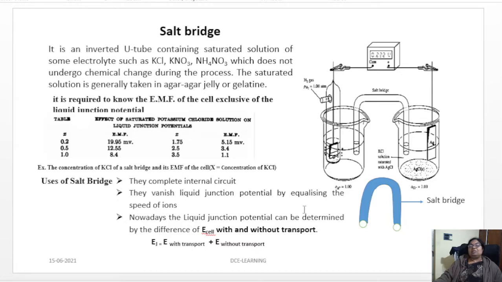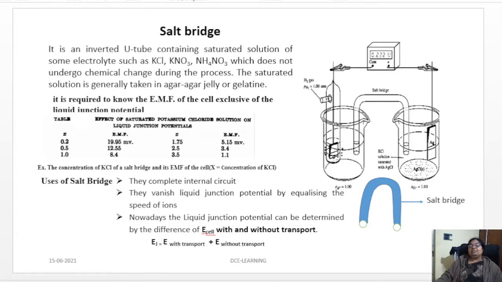This salt bridge completes the internal circuit. It eliminates the liquid junction potential by equalizing the speed of the ions. Nowadays, the liquid junction potential can be determined from the difference between cells with and without transference.